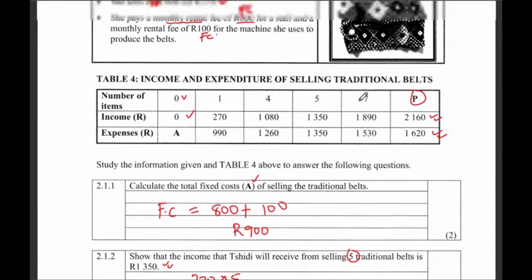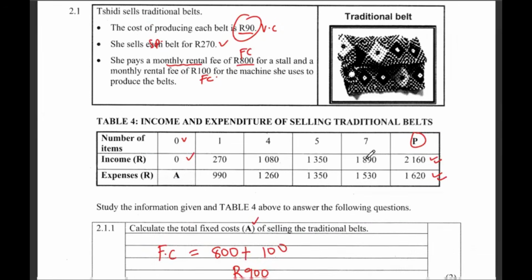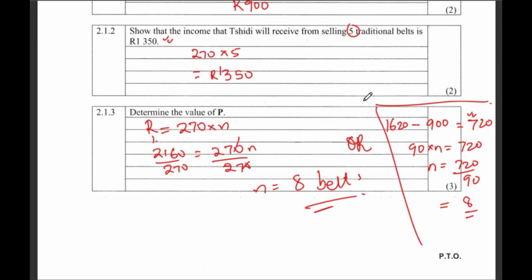Is that going to make sense? How much is each? They're telling us each one is using 90 rands, okay? So if we get 90 times N is equal to 720, meaning it is 720 divided by 90. Let's see if we get the same answer. Yes, we get 8 as well. So that's another alternative that we could use.